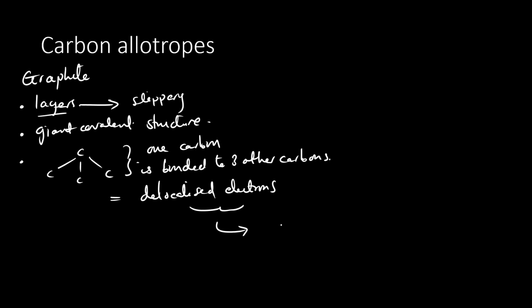Delocalized electrons give rise to the conductance of electricity. They can conduct electricity. Okay, brilliant, good stuff. Another thing is, of course, it has strong covalent bonds. I just mentioned that as well. And of course, the bonding is covalent, so it has strong covalent bonds.